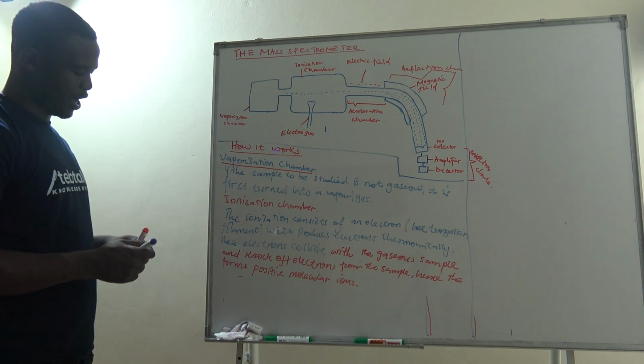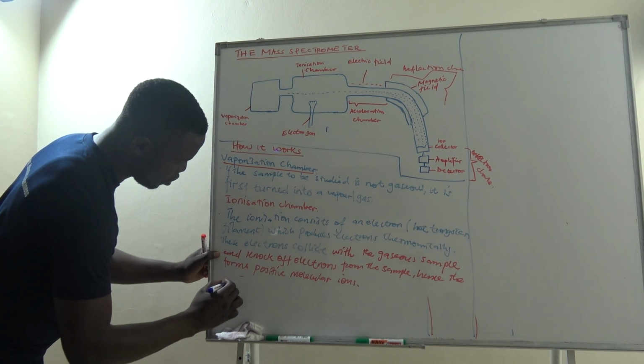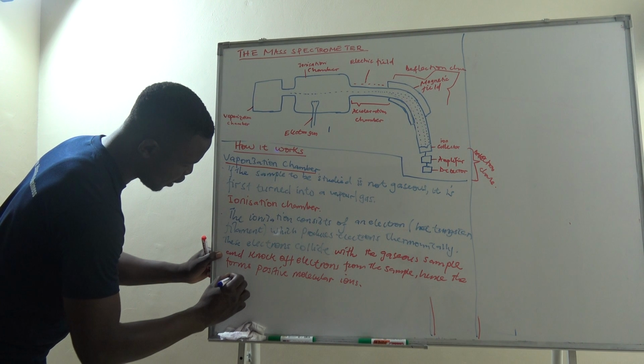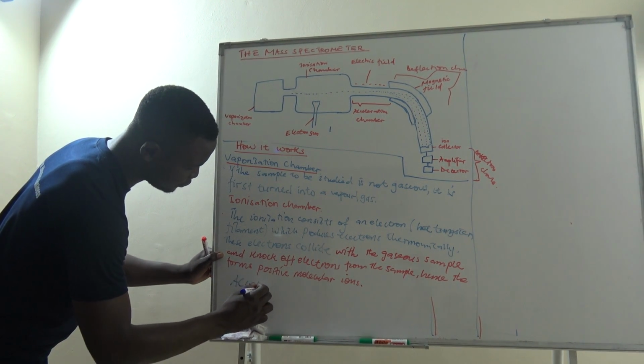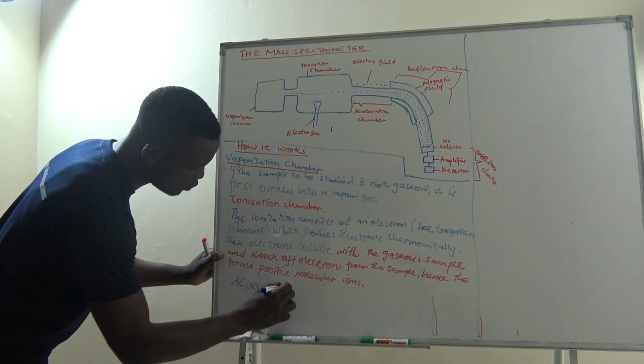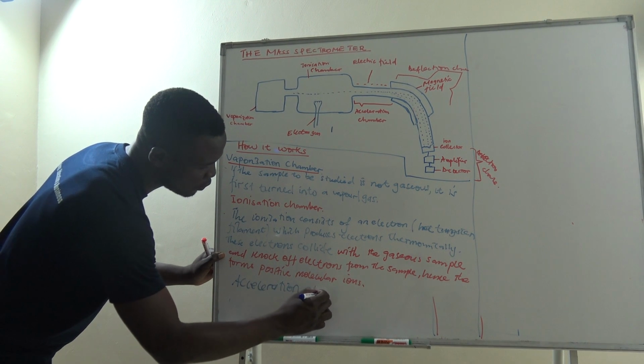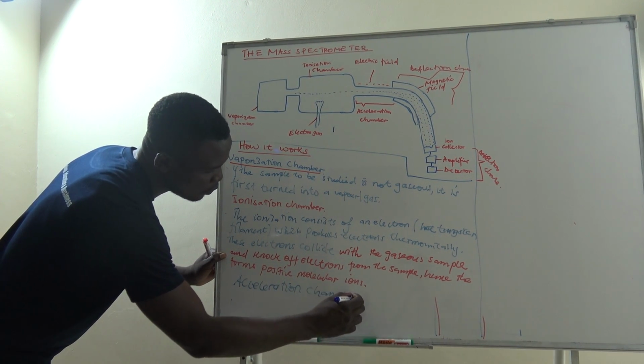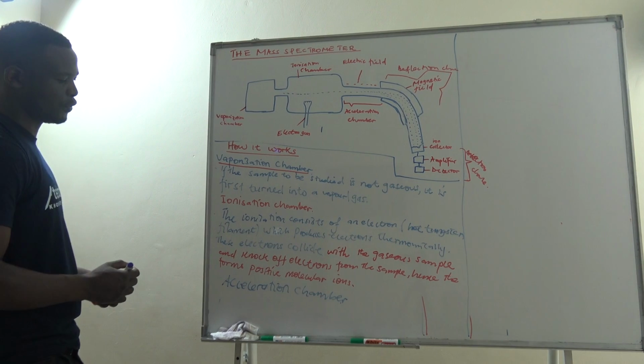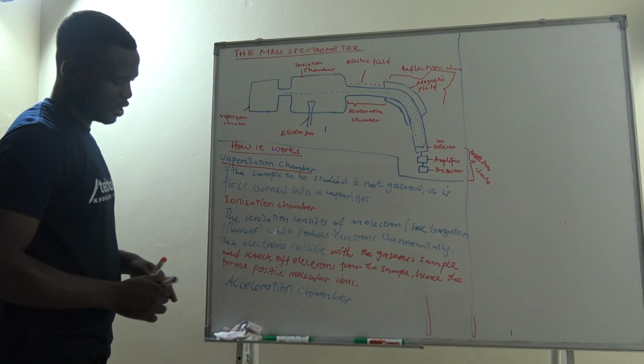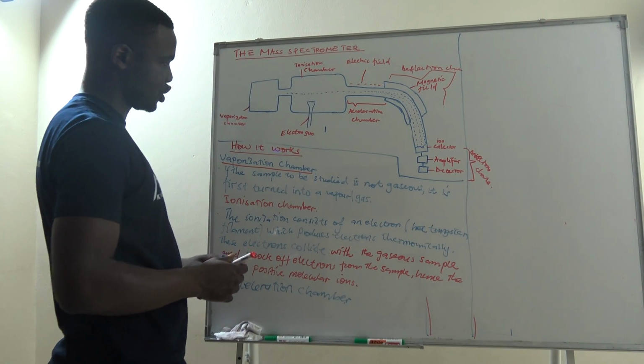Now, after the ionization chamber, we go to the acceleration chamber. Let's also see what happens in the acceleration chamber.